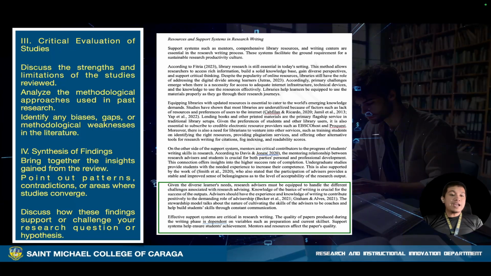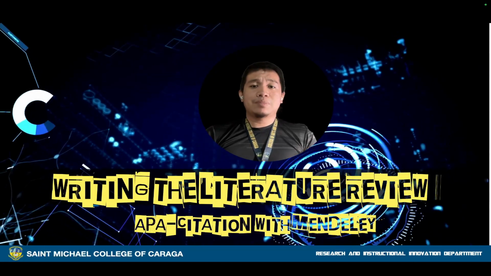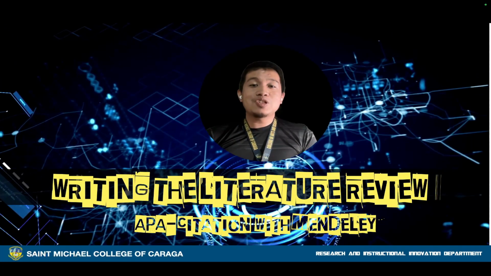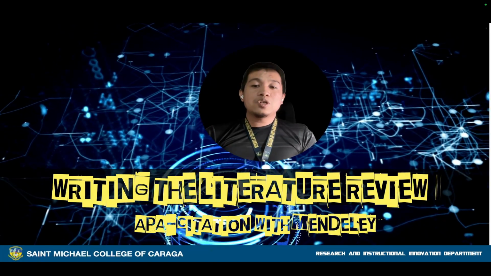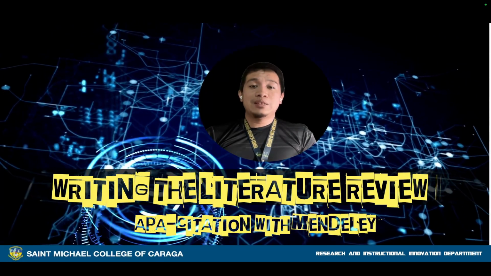Discuss how these findings would support or challenge your research question or hypothesis. So if you have that on your account, remember that if you have a literature review matrix, it would be easy for you to write your review of related literature.